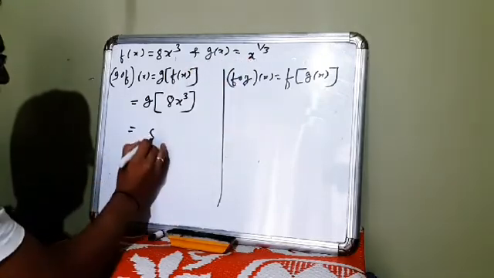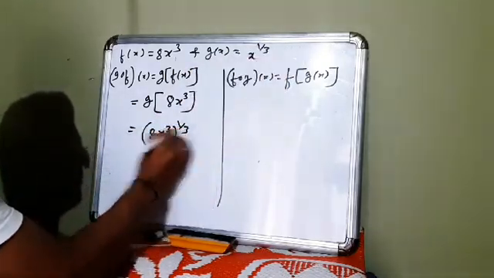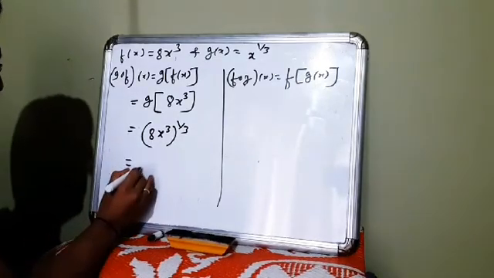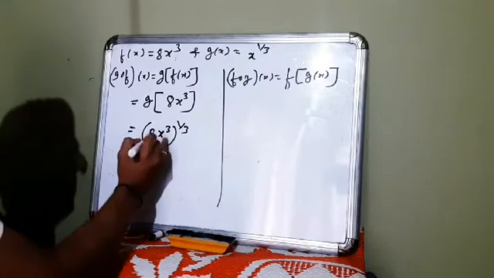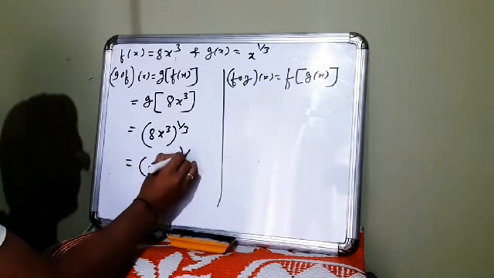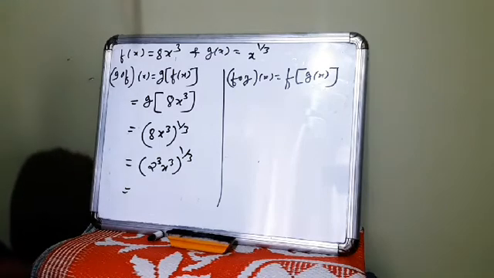So if I put it, what will we get? 8x cube, and this power is 1 by 3. So this 8, how can we write? 2 cube, and this x cube as it is, to the power 1 by 3. Now power 1 by 3 means what? Actually it is a cube root.